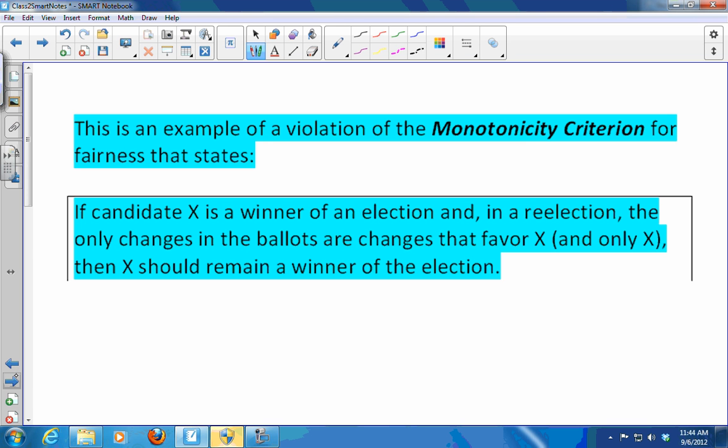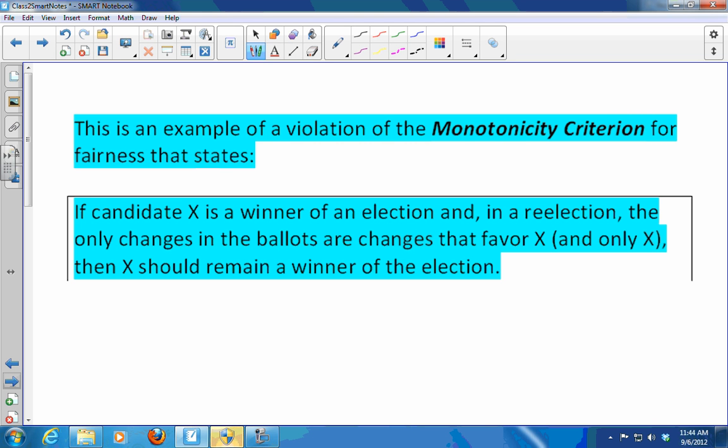This is actually an example of a violation of something called the monotonicity criterion. Okay, so this one says that if candidate X is a winner in an election, and we have a re-election for whatever reason, maybe the first election was a straw poll, maybe there were irregularities and they had to call everyone back to the polls and hold a re-election.